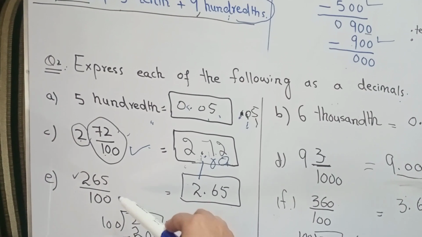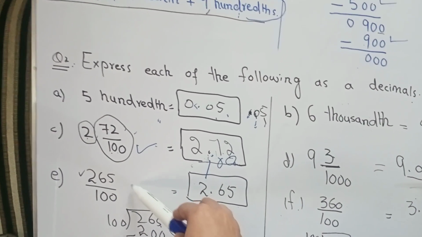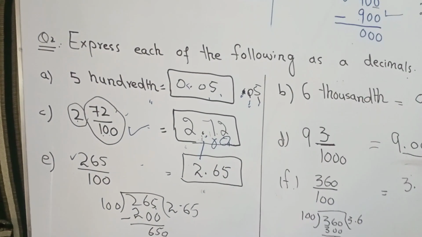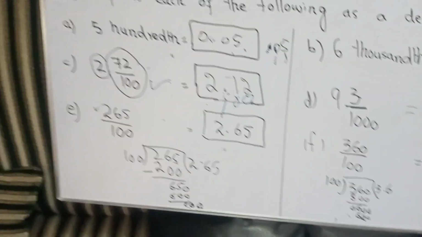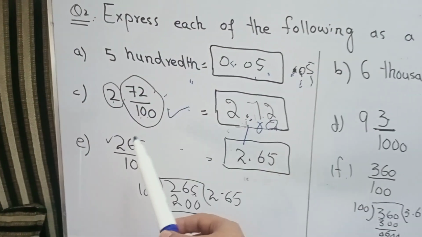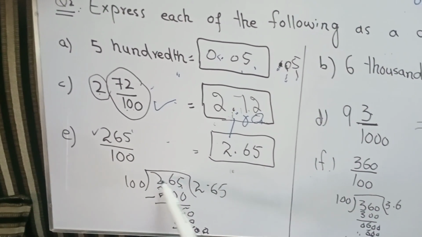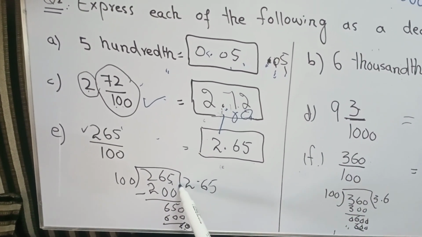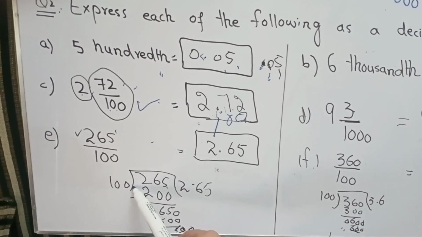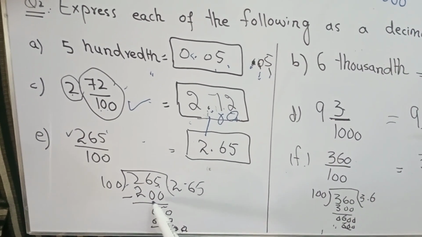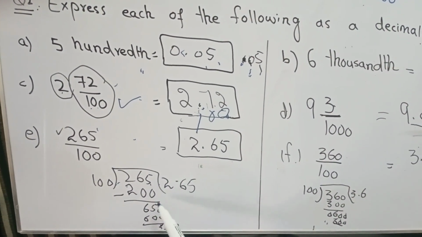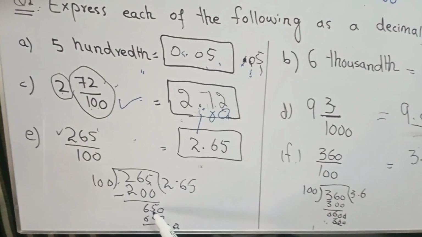We have to change it into a decimal fraction. Now again we have an improper fraction, and how do we have to change it? First of all, we take this value and divide it by 100. You can see here 265 can be divided by 100, so 100 twos are 200, and now we have 65.